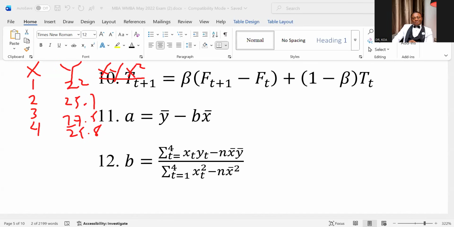So you will have your 22 here. The next number is what? 51.4, followed by 82.5, followed by 119.2.